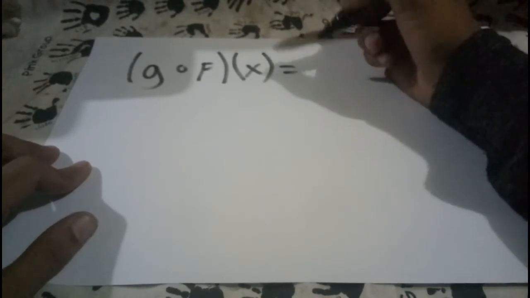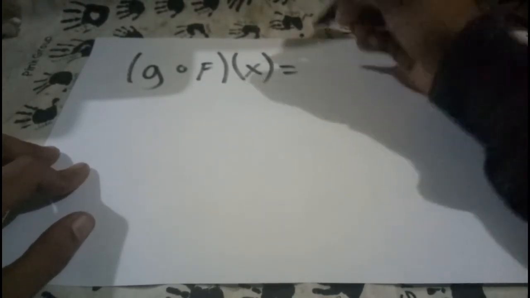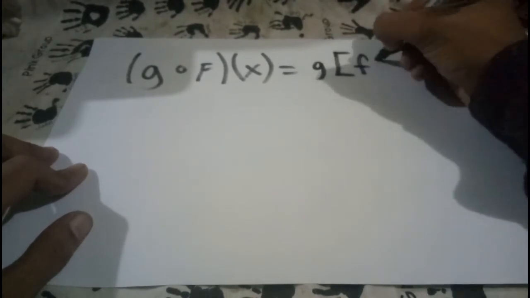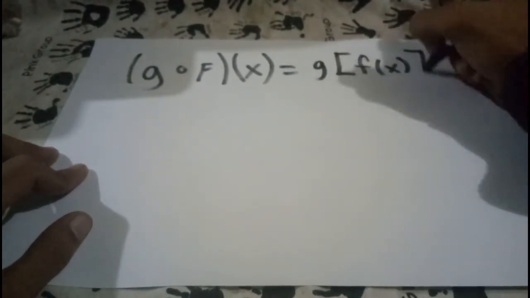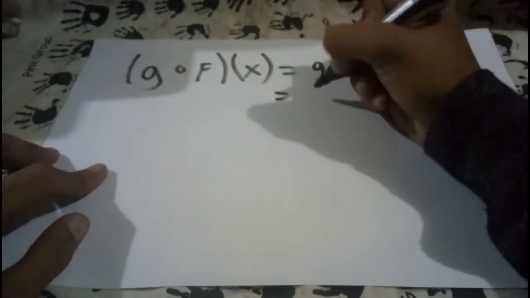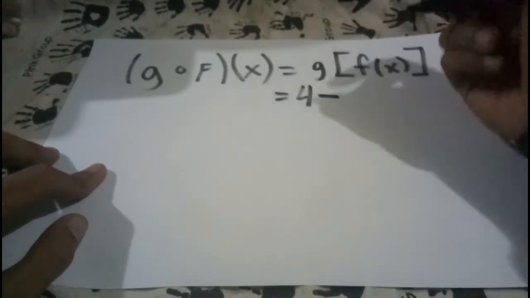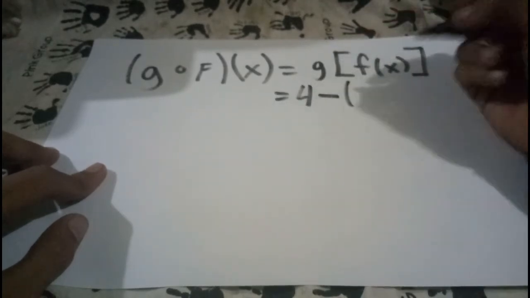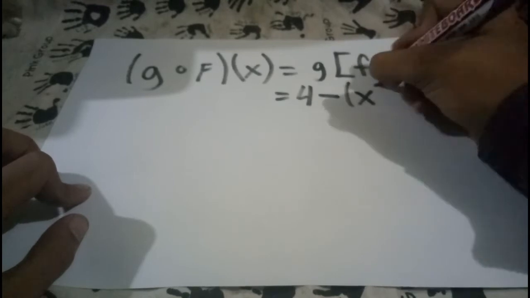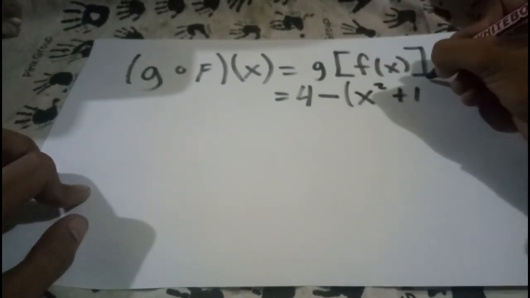Here, we're gonna plug f of x into g. Our g is 4 minus x, but x will be substituted with f, and our f is x squared plus 1.